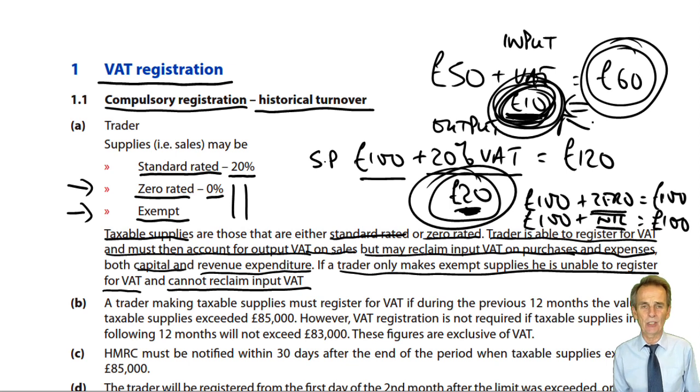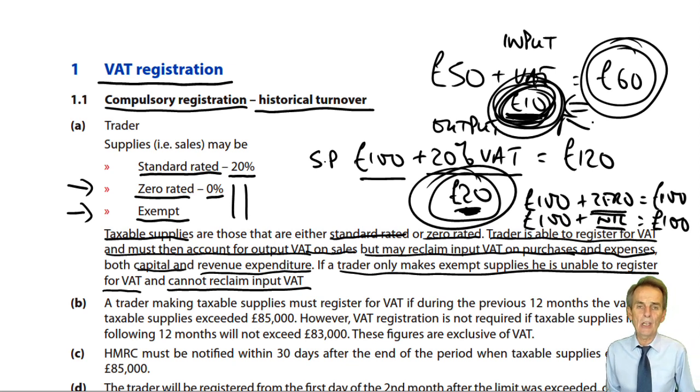They paid us £10. So our net cost is £50. So we sell for 100, we keep 100, we buy for 60, we get back the £10 input VAT on that. So the net cost is 50, we've made a profit of £50.